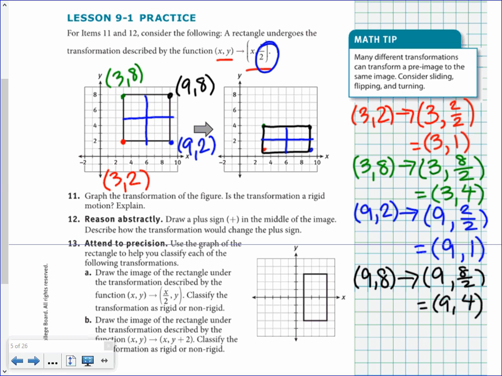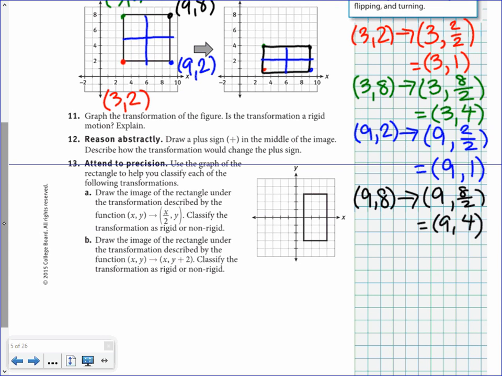So now let's look at number 13. Use the graph of the rectangle to help you classify each of the transformations. We have the transformation described by the function (x, y) goes to (x over 2, y). And it asks us to classify this as rigid or non-rigid.